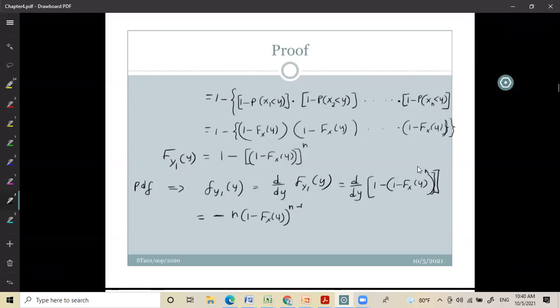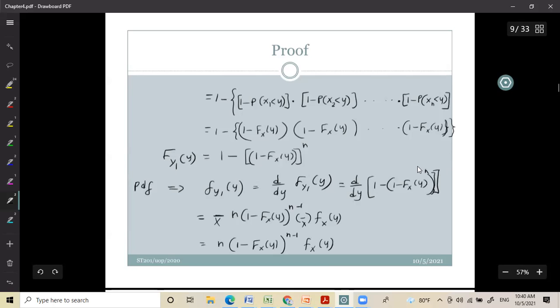Again, you take the derivative of 1 minus Fx(y) with respect to y, and again you have the negative sign, and the derivative of Fx is simply fx(y). So this negative and this negative cancel out. At the end, you will end up with n times (1 minus Fx(y)) to the power n minus 1 times fx(y).